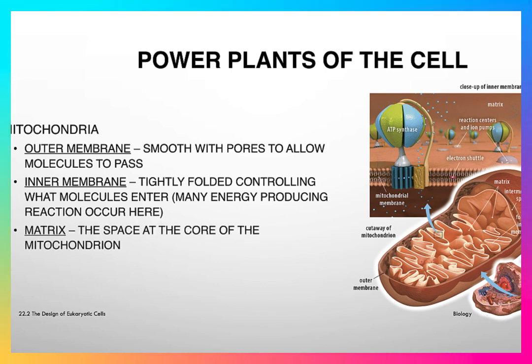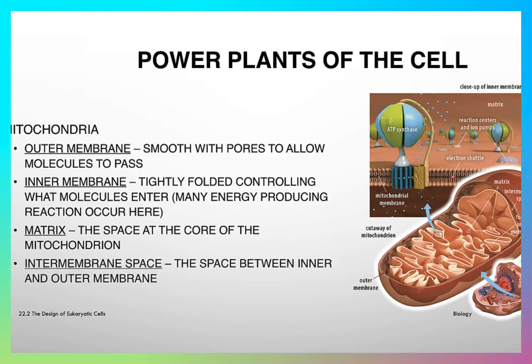And then within this area is also known as the matrix, which is between these various folded membranes. And also in this area is the intermediate space, which is this space between the outer membrane of the mitochondrion and the inner membrane of the mitochondrion.